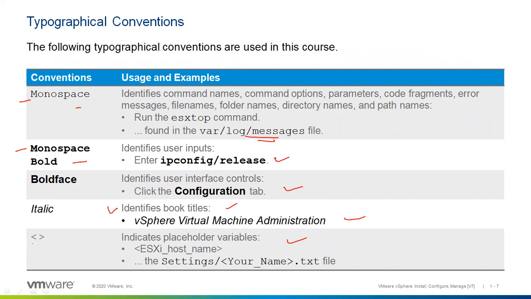If there is something inside braces, for example a host name inside braces, it means you have to put a host name in place of this whole content. All right. So this is just an indication.